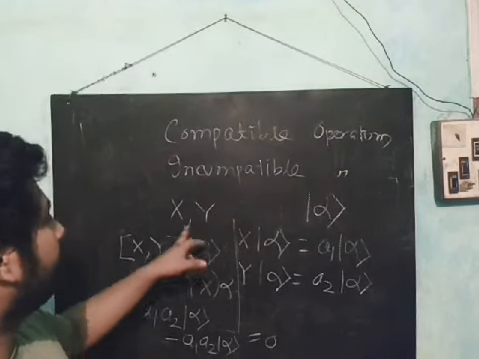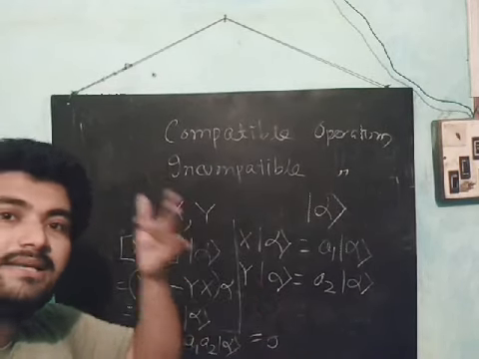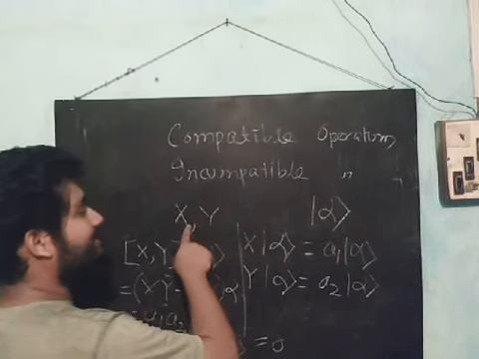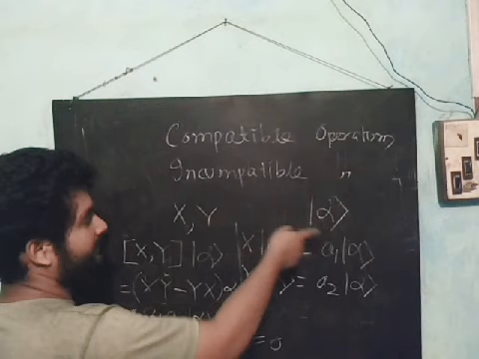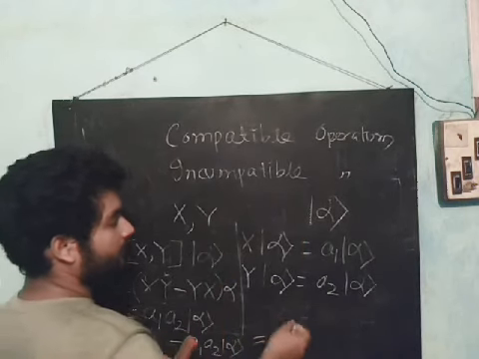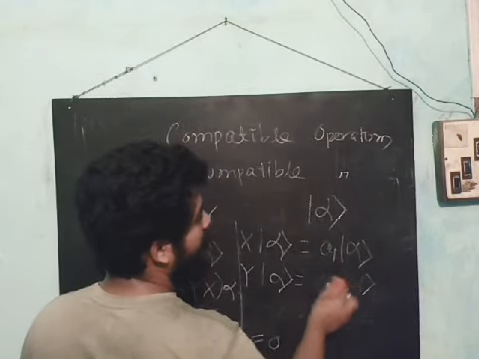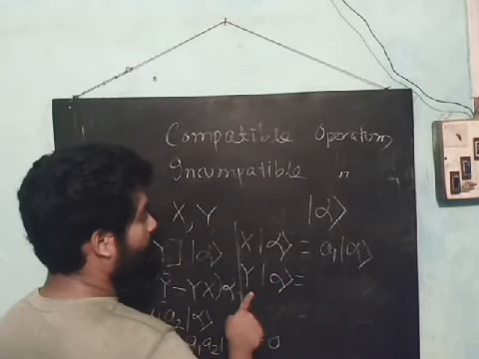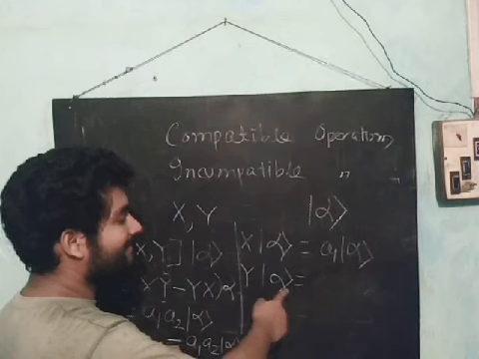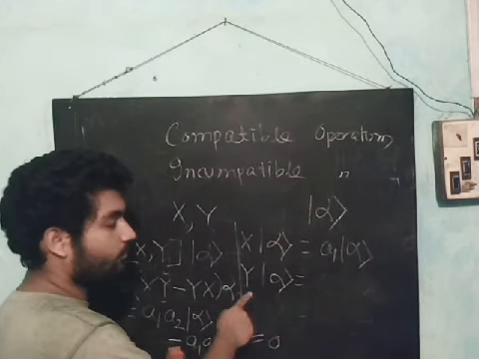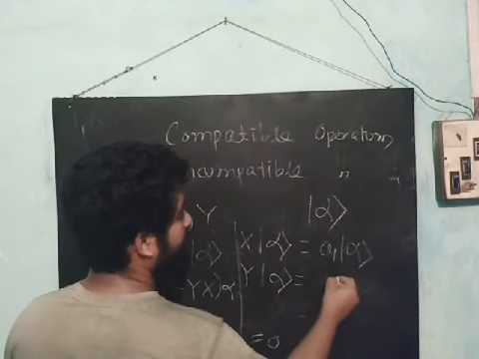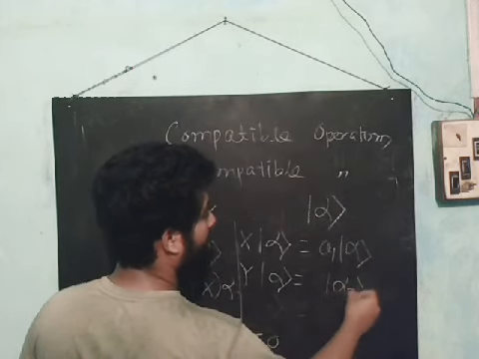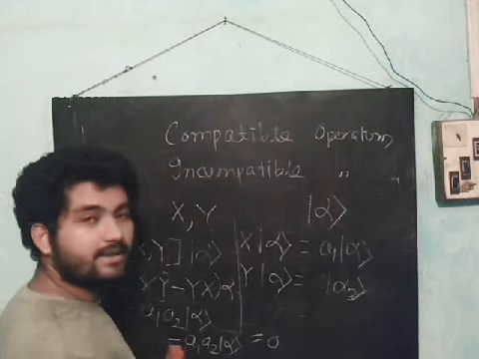Now, if they don't share the same eigenstate, if alpha is an eigenstate for X only, alpha is not an eigenstate for Y, so this will not give me this eigenvalue equation. When Y operates on alpha, as alpha is not the eigenstate for Y, it will give me a new state, say alpha 3.